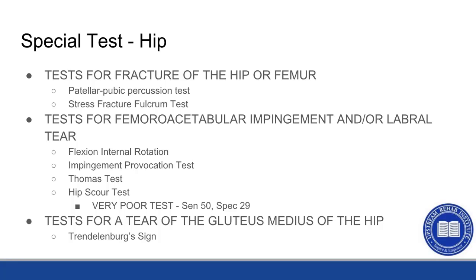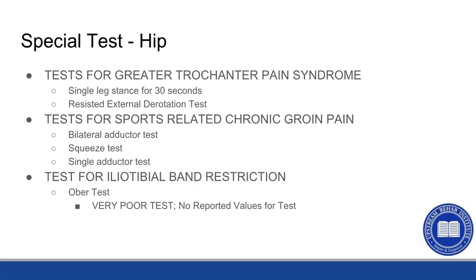We often use that for FAI or arthritis, but it's a very poor test and it shouldn't be used. To test for a tear of the glute med, Trendelenburg sign is a great test. For greater trochanteric pain syndrome, the single leg stance for 30 seconds. Also resisted external rotation, the derotation test, is good. For chronic groin pain, the bilateral adductor squeeze test and single adductor test.